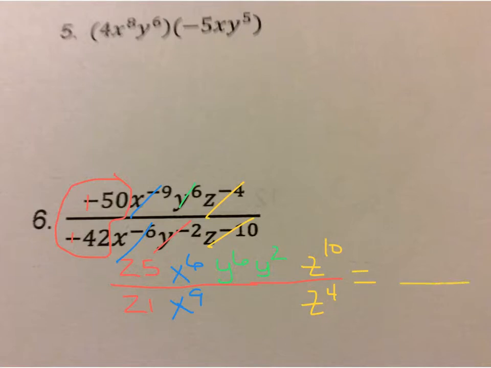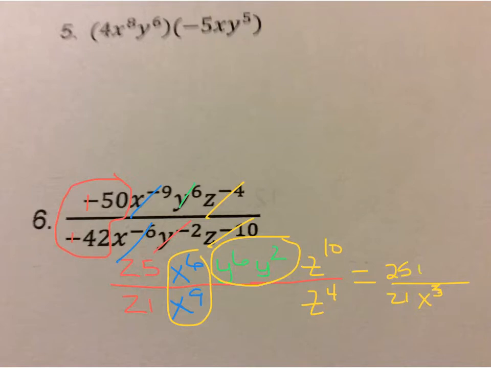So if I look at this problem, 25 and 21 are going to stay the same. So my coefficients are going to stay where they're at. If I look at the x's, the bottom x wins by 3. This is where we play the game, so x to the 3rd is on the bottom. If you look at the y's, they're all on top, so they can't play the game.